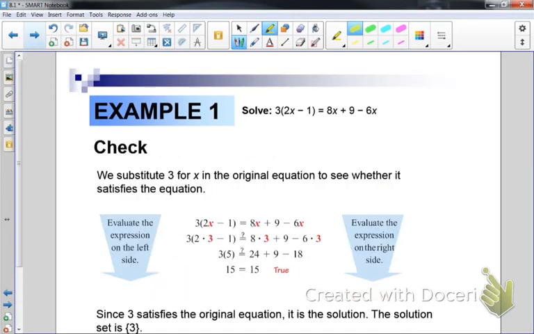If we continue and substitute it in, just to check, we know that it is true.